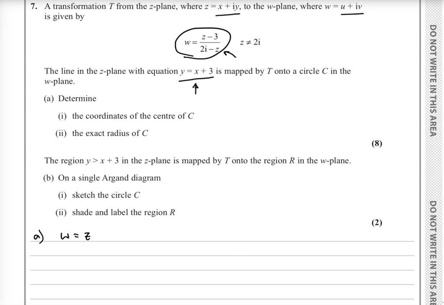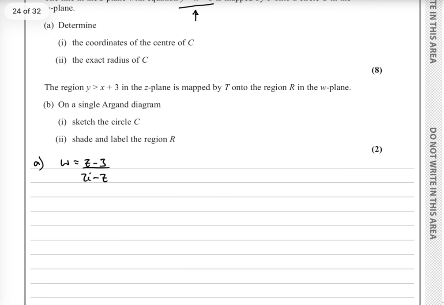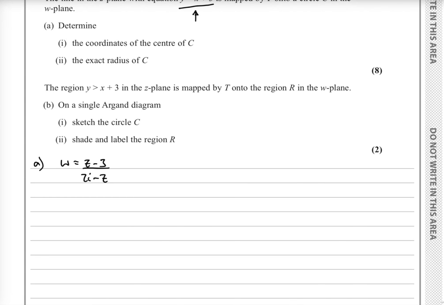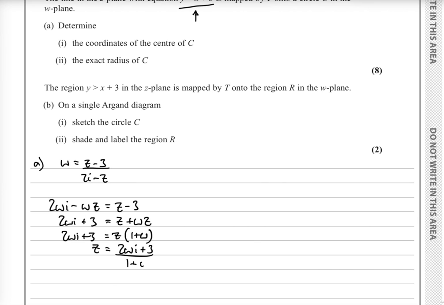w(z minus 3) equals i minus z. The i is going to make it slightly more complicated, but it's the same process. So we isolate z, factorize it out, divide through: z equals (2wi plus 3) over (1 plus w).